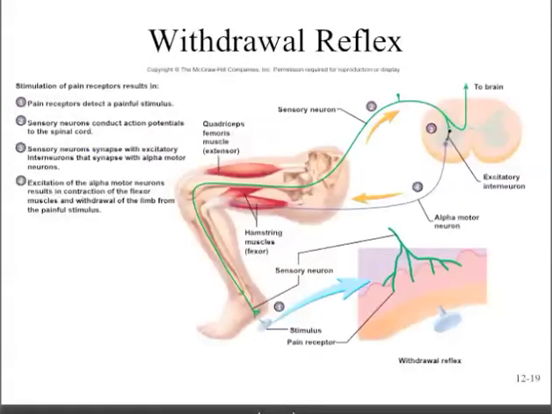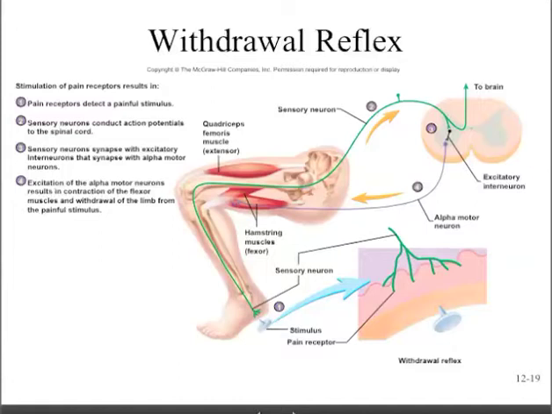So if we look at the withdrawal reflex, what we see is the initial stimulus being pain receptors that detect the painful stimulus. The sensory neurons conduct action potentials to the spinal cord. They synapse with excitatory neurons that synapse with alpha motor neurons.